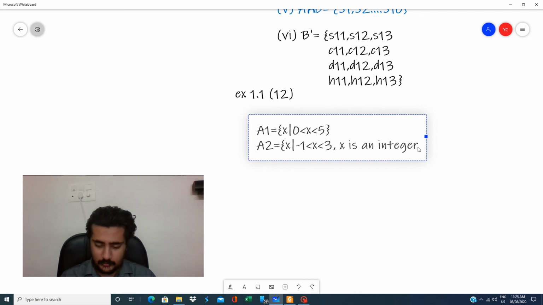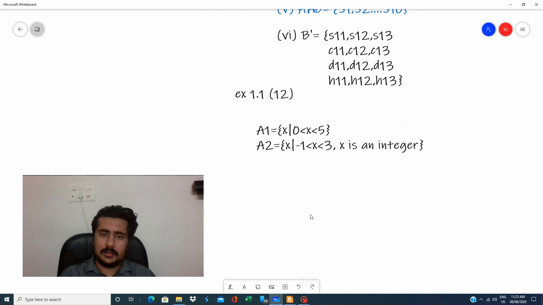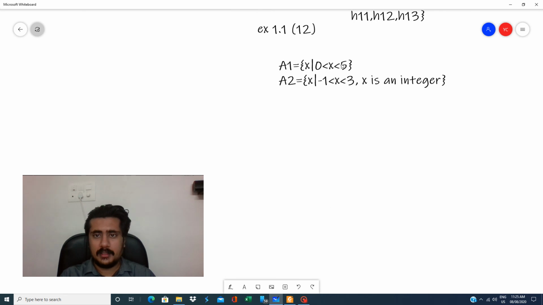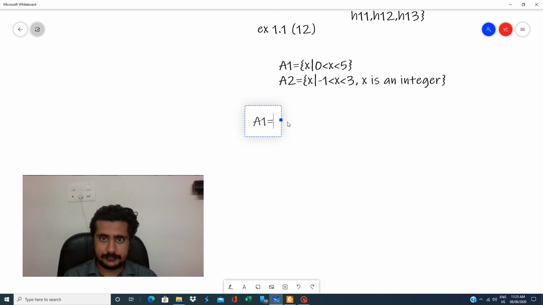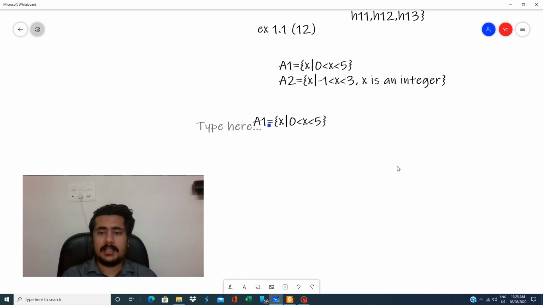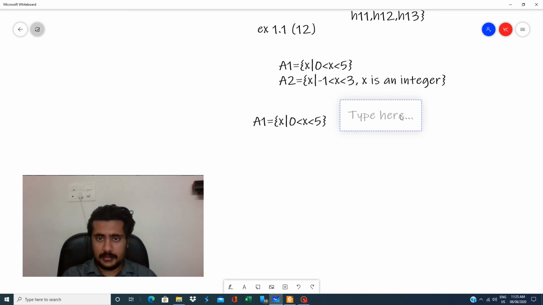Now what is given actually states that A1 is x, and x is between 0 and 5. So you have to take it as it is given in the question. But A2 is x, x is between minus 1 and 3, and x is an integer.